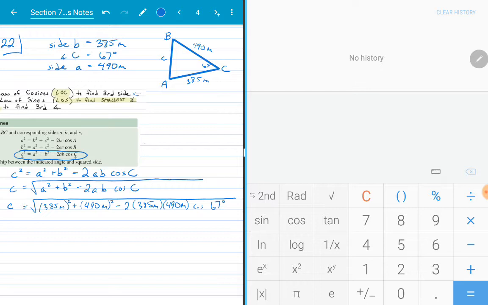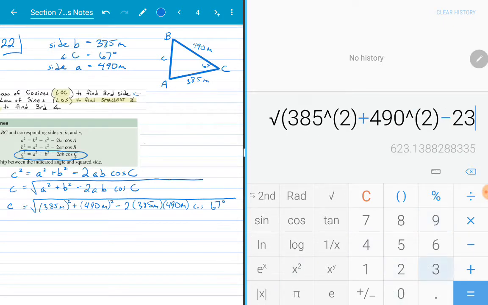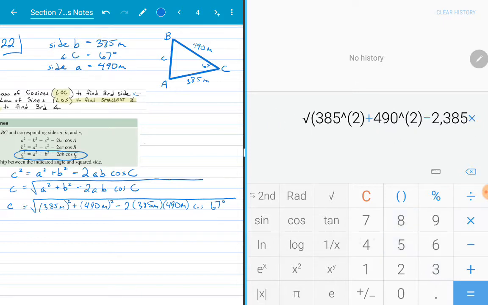So we have C equals the square root of 385 squared plus 490 squared minus 2 times 385 times 490 times cosine, and make sure I'm in degree mode, which I am.